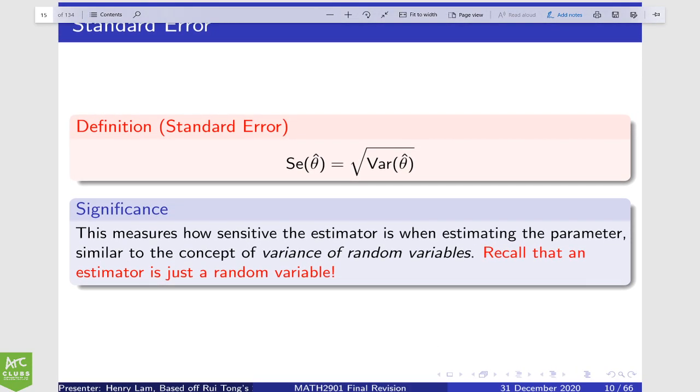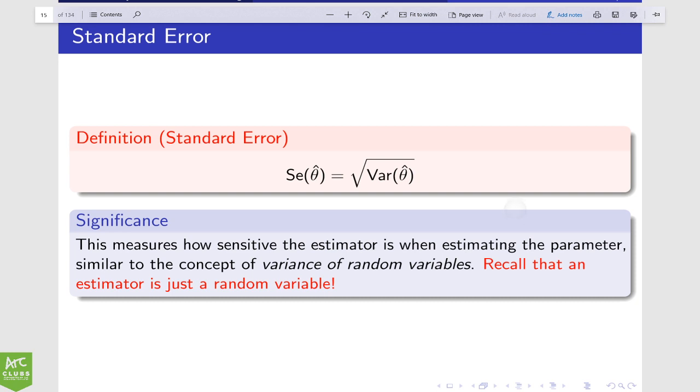It's really just standard deviation. Well, we just call it error because in our context, our estimator is what we're trying to figure out the true value of the parameter, and so there's got to be some error involved in our estimate. So that's why this is the error word here.